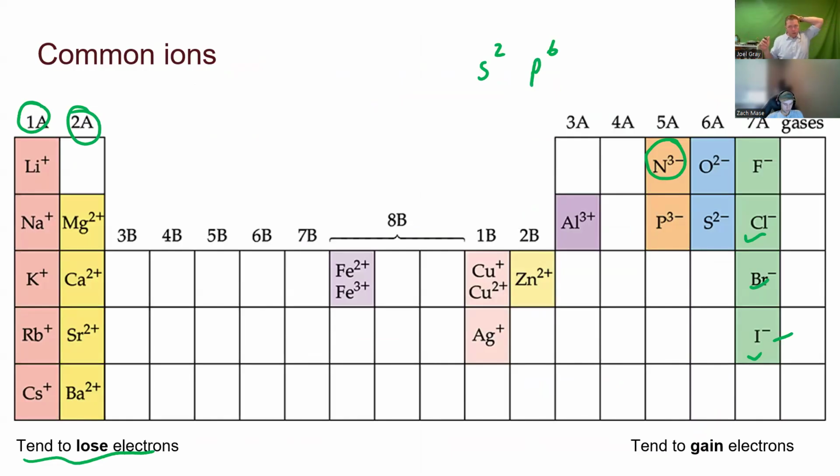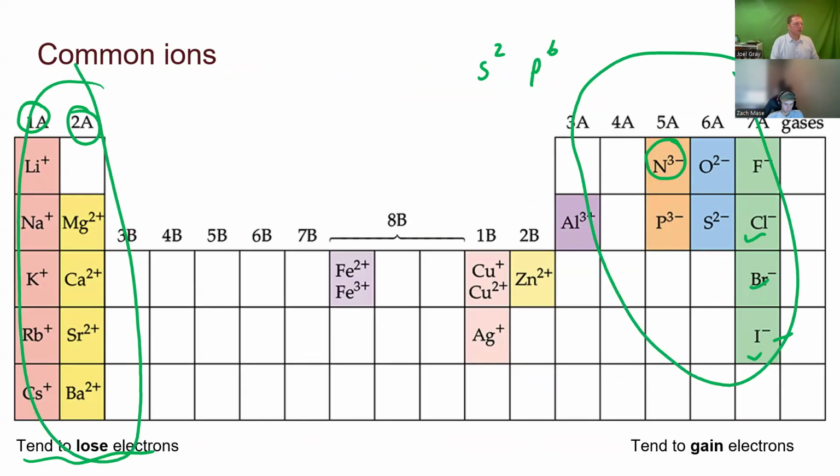Looking at this table, I think it's fair to ask, which ones do you want us to know? I want you to know the left-hand side and the right-hand side, and the right-hand side includes Al3+. The stuff in the middle, these are known as your transition metals, like Fe2+ and Fe3+ or Cu2+ and Cu+.